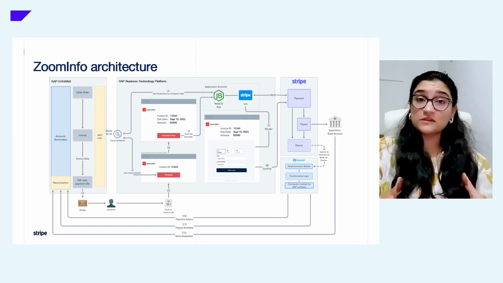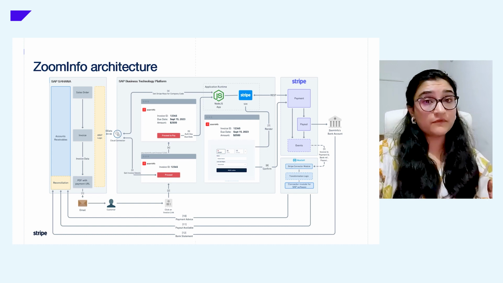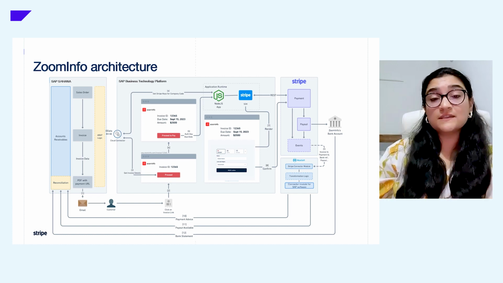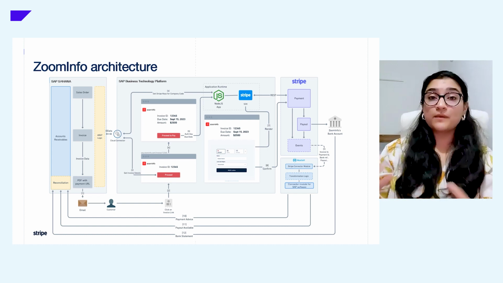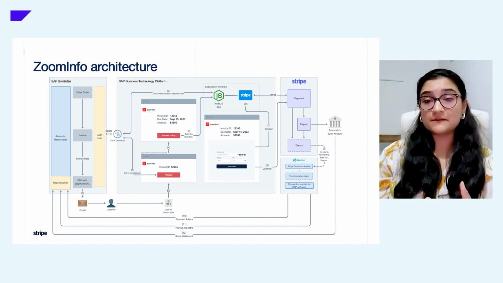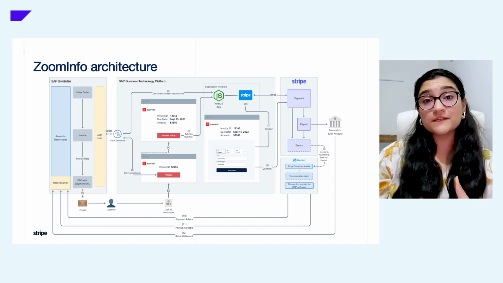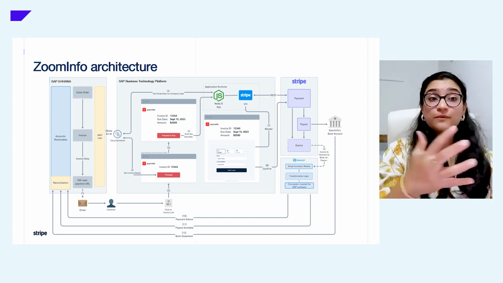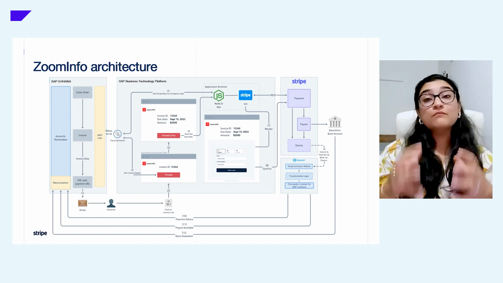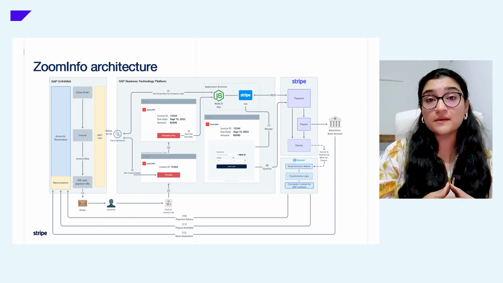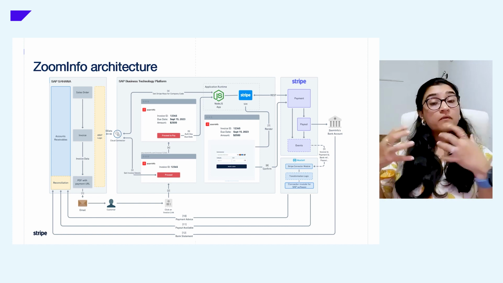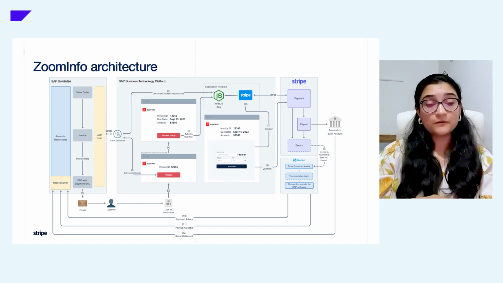At the T+2 or T+3 time frame, Stripe publishes the payout file to a webhook called payout succeeded or payout available. When this file or payload is forwarded from MuleSoft to the S/4 system, we move the money from Stripe's clearing account to our ZoomInfo's bank clearing account.